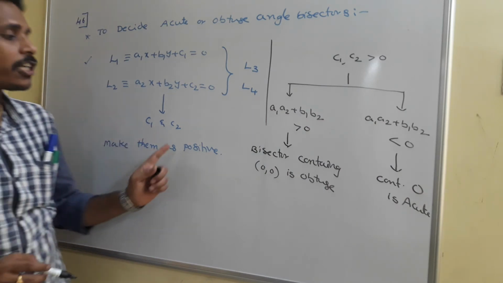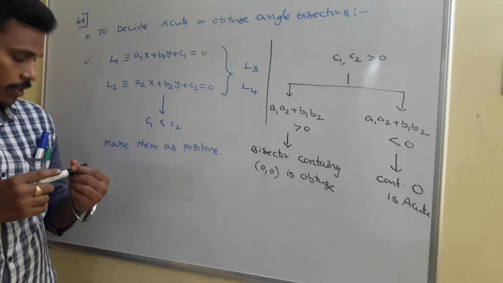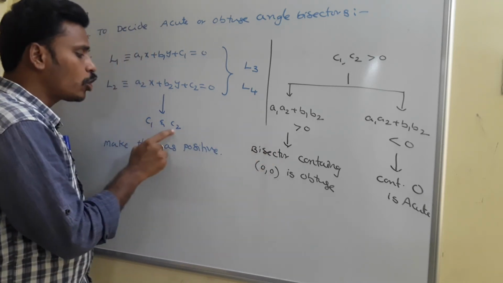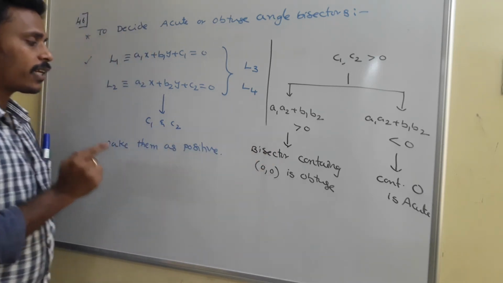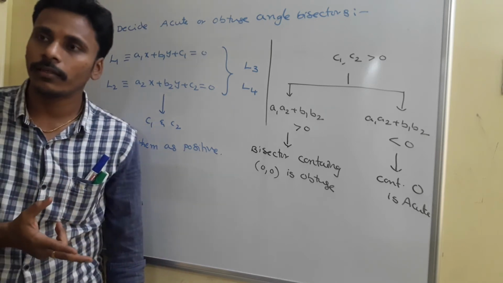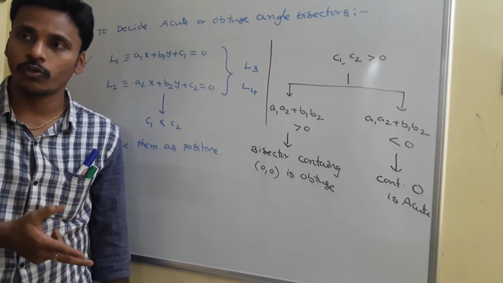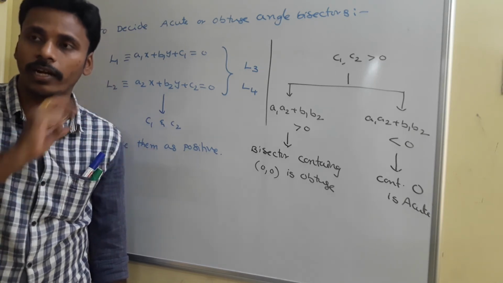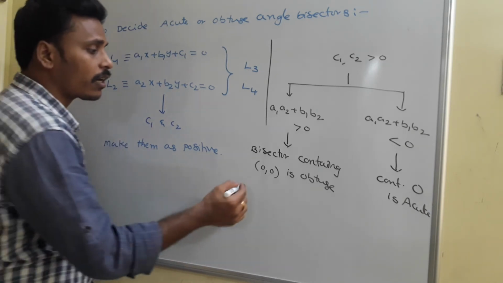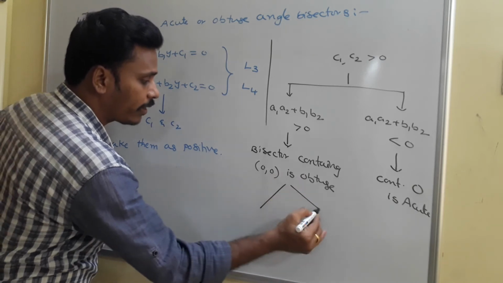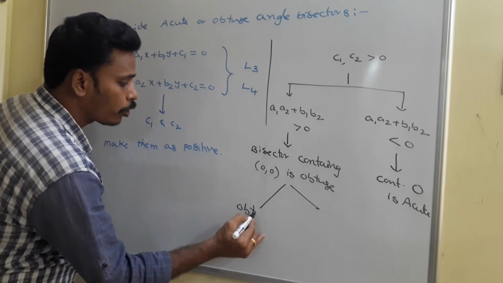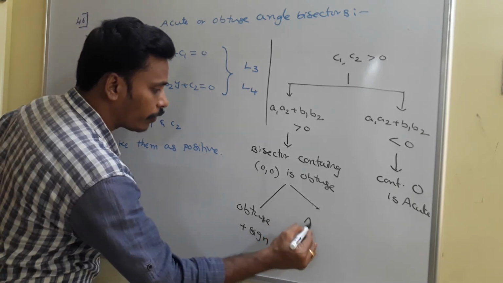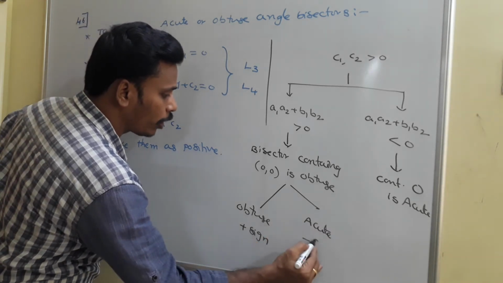As I mentioned, with C1 and C2 positive, the bisector containing origin is with the plus sign, as we discussed. So here the bisector containing origin is obtuse, and that's why for the obtuse angle bisector you need to use the plus sign, and for acute you need to use the minus sign.